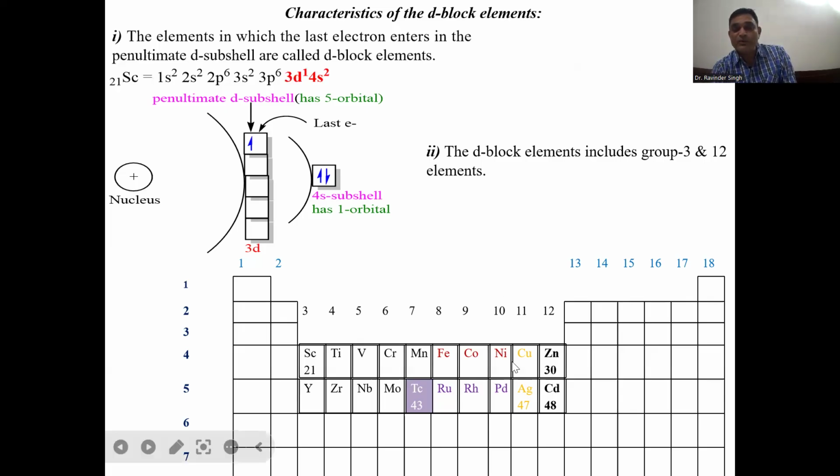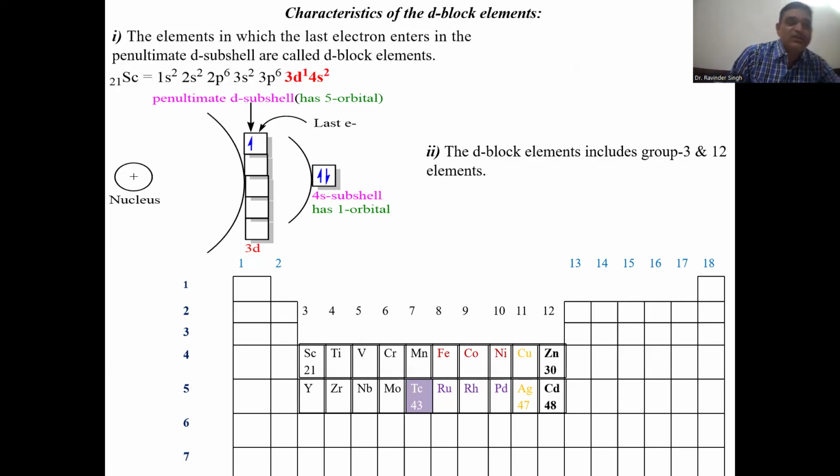Next, we can see copper, whose atomic number is 29, with an exceptional configuration. 3d9 4s2, one electron comes back, meaning 3d10 4s1 is the configuration of copper.